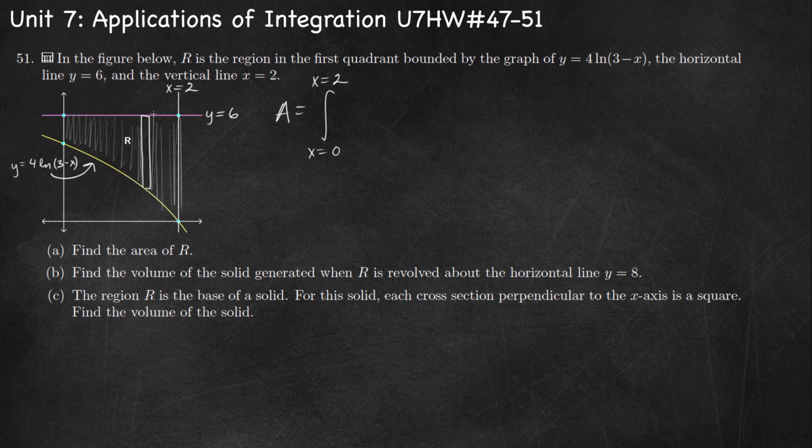And top minus bottom, the top of the rectangle is touching y equals 6, and the bottom y is, well, it's not called f of x in this problem, so I guess I will just write it out. 4 ln 3 minus x. All of that times dx will give us our area, 6.817.